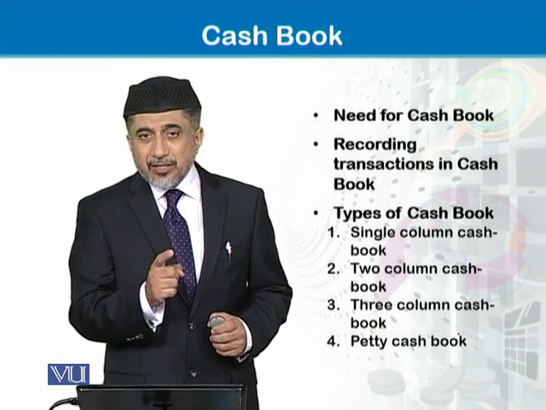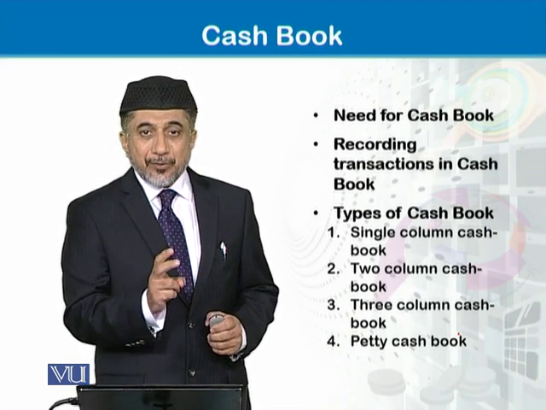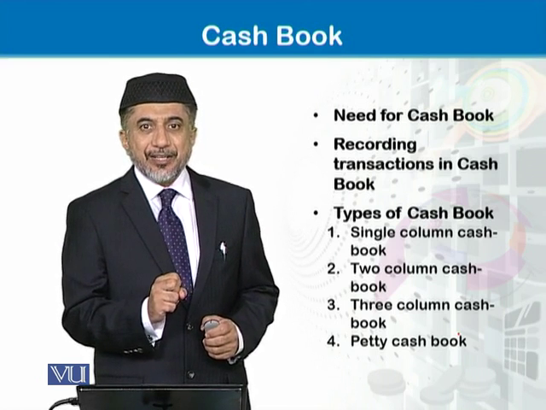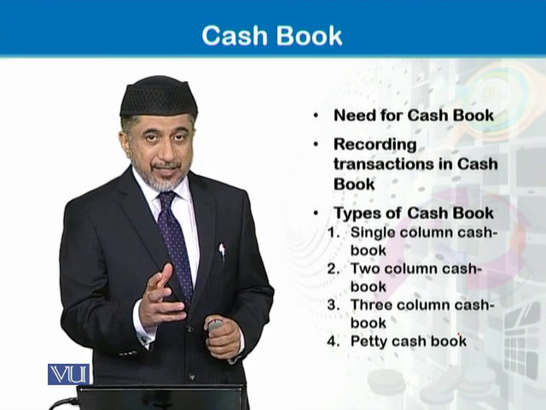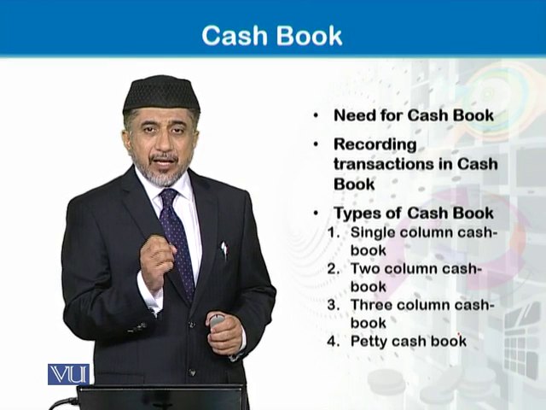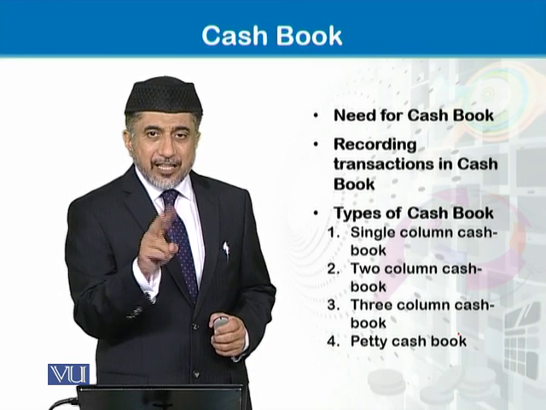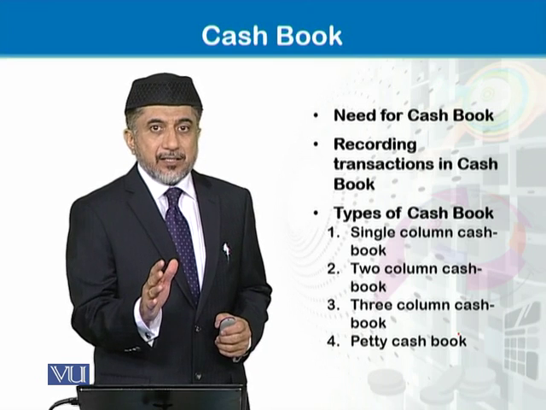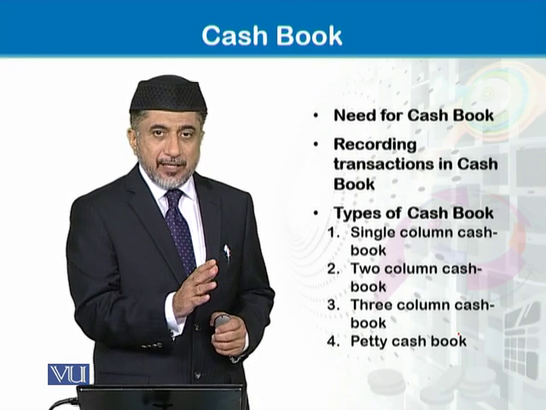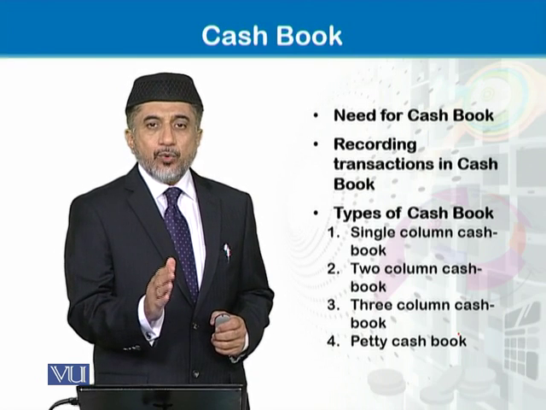A single column cash book entertains only cash transactions. A two column cash book entertains cash transactions and bank transactions also, because bank is also cash equivalent. So cash and bank, two columns are there. Sometimes we can add a discount column with cash, if we don't have any bank transaction, or we are maintaining bank books separately and we want to maintain cash and discount, these two columns, in one cash book.